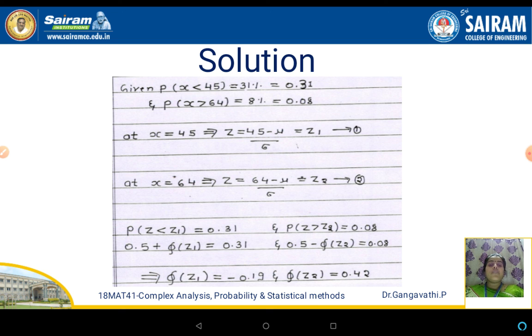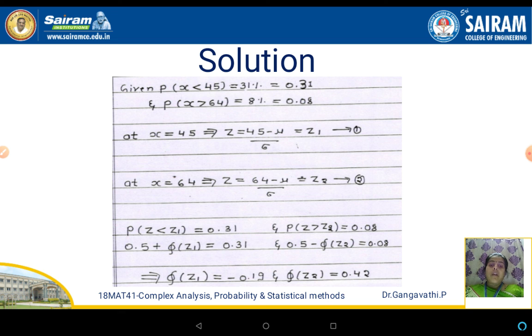Similarly, equation 2 can be written as P of z greater than z2, and it has been given as 0.08. And P of z greater than z2 can be written as P of z greater than 0 minus P of 0 less than z less than z2, so 0.5 minus phi of z2.